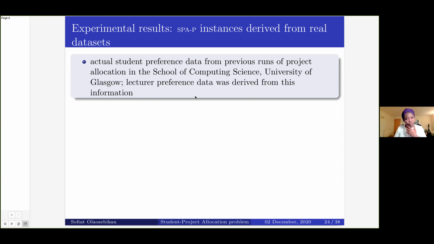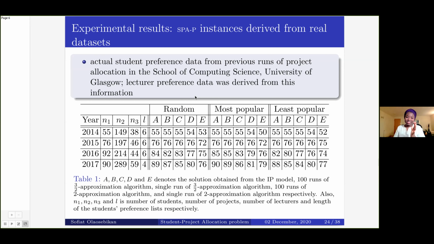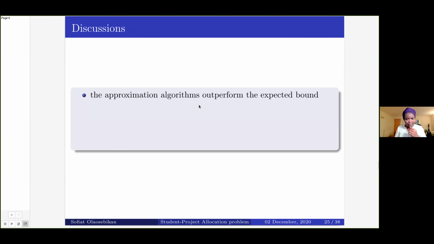So what I did was create the lecturer preferences from the students' preferences, but at least half of the instance was still real, and the lecturer side was manufactured. What we also encountered was that the approximation algorithms were producing solutions that are really close in size to the optimal matching. And they were really performing well.